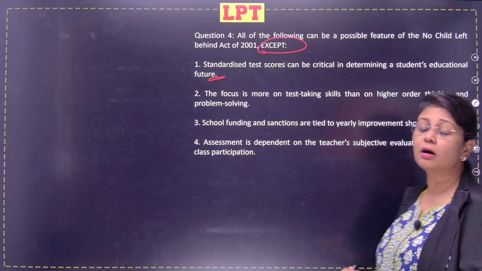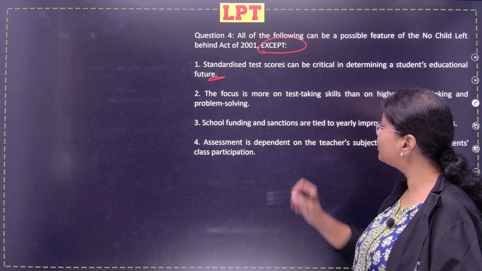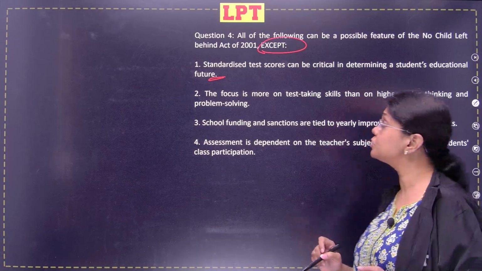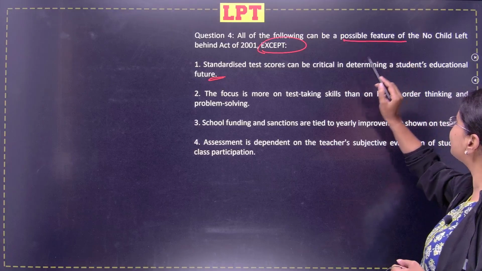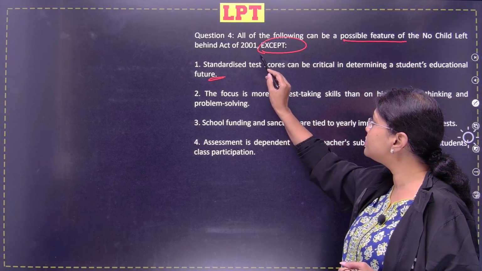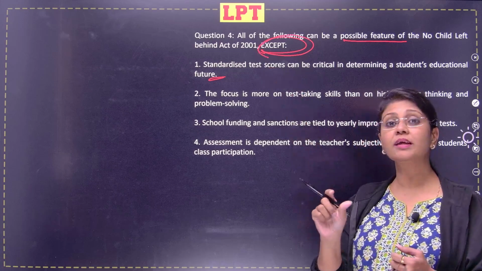So it talks about the No Child Left Behind Act of 2001, and we are supposed to answer which of the following can be a possible feature of the Act except. So we are looking for an except answer.